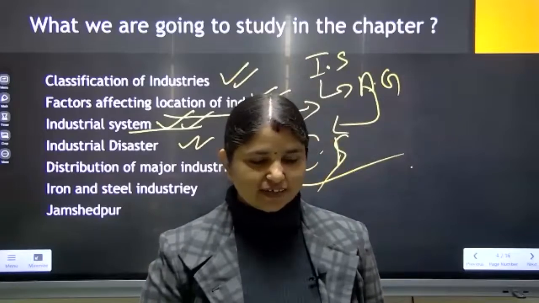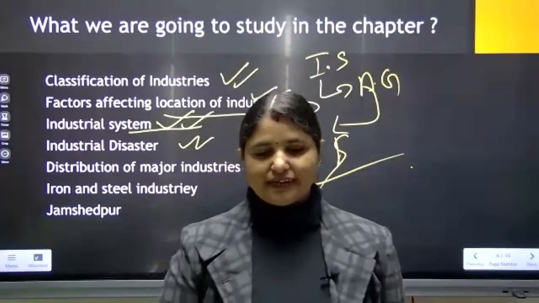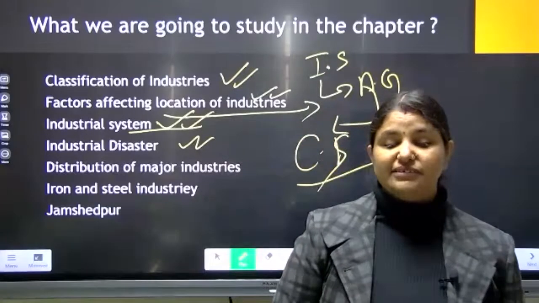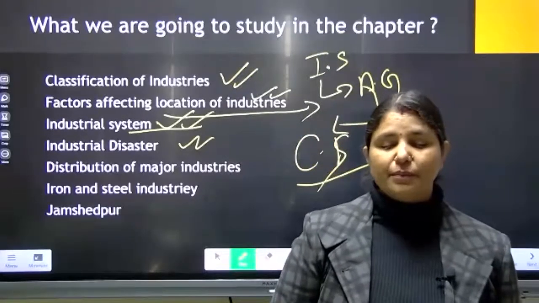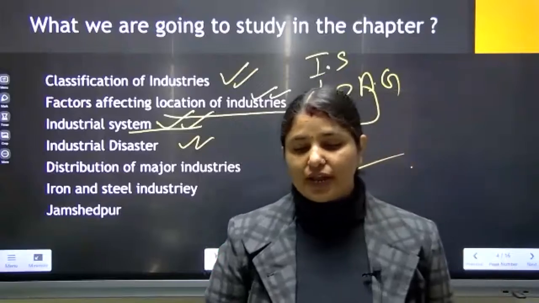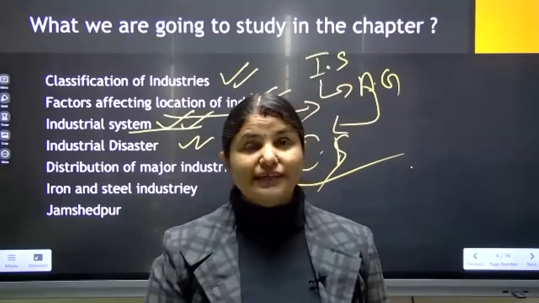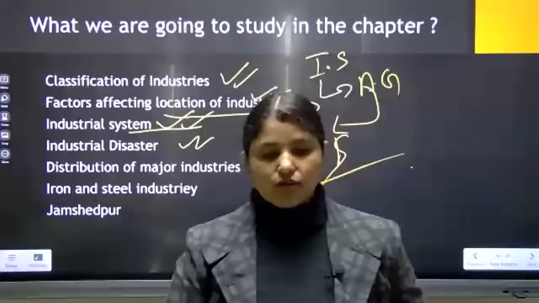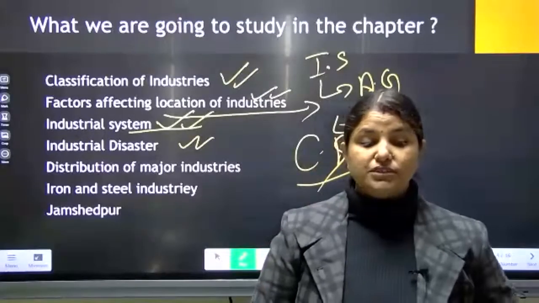In another class, they gave me the answer: ma'am, in 1984 the Bhopal gas tragedy happened. Yes, very good, Arpita. So that is a type of industrial disaster.